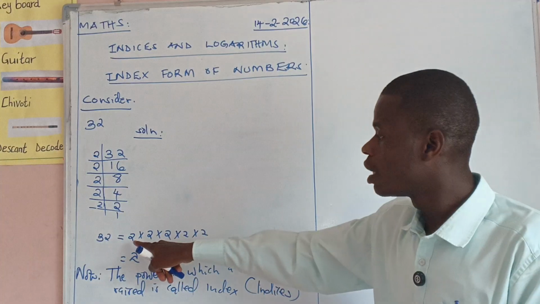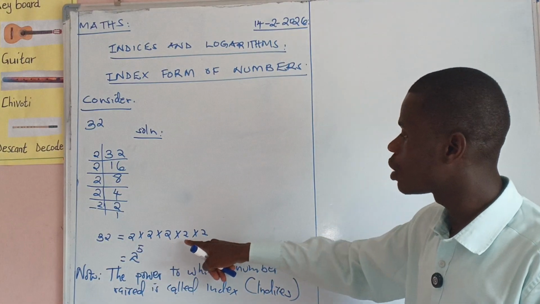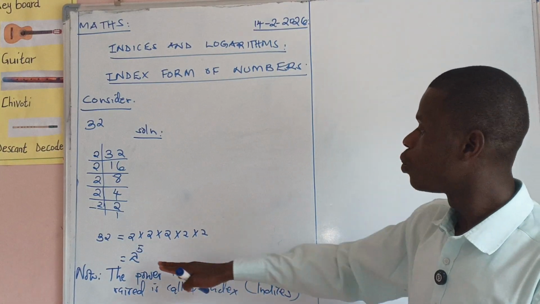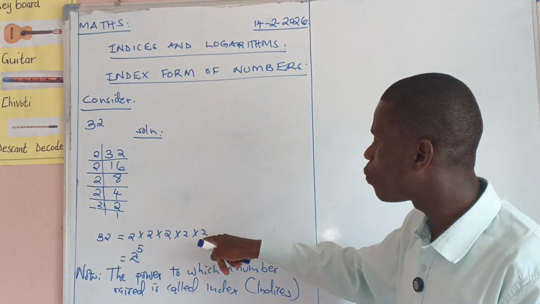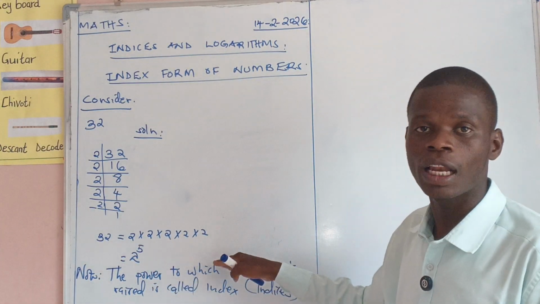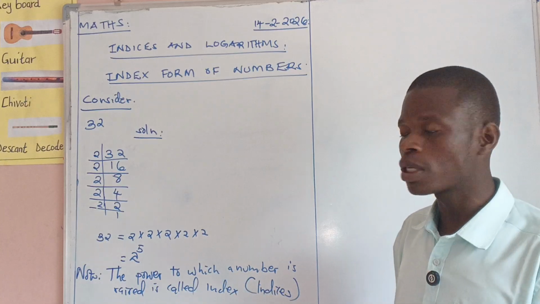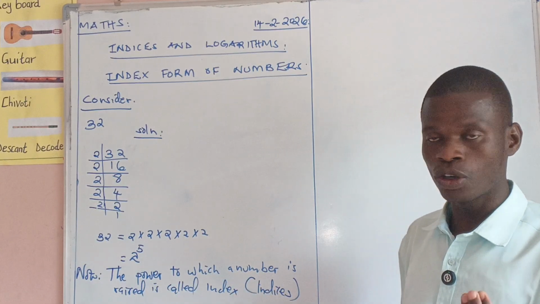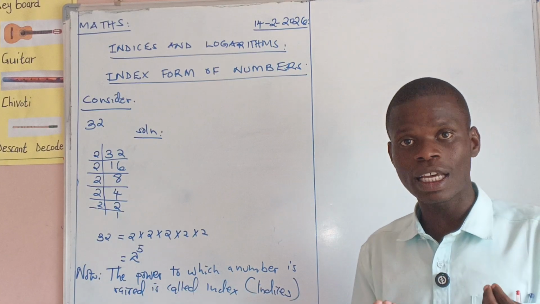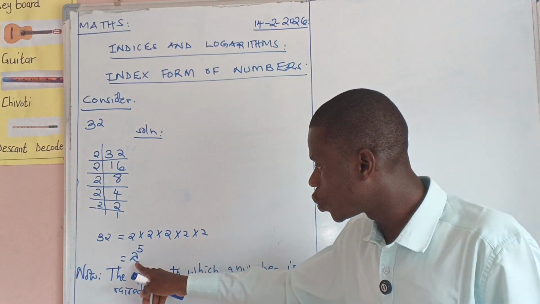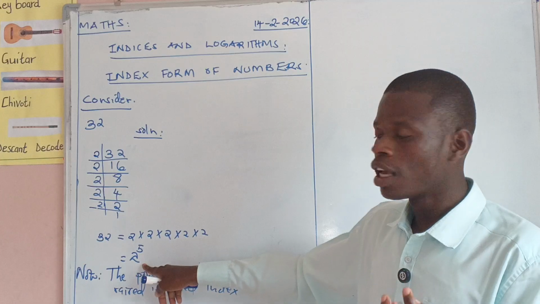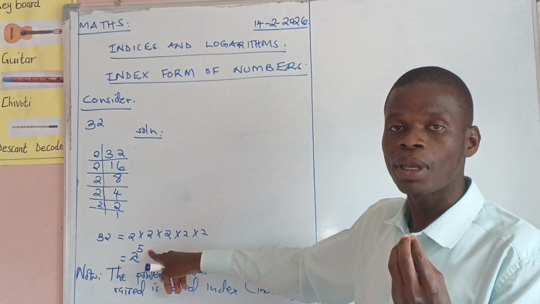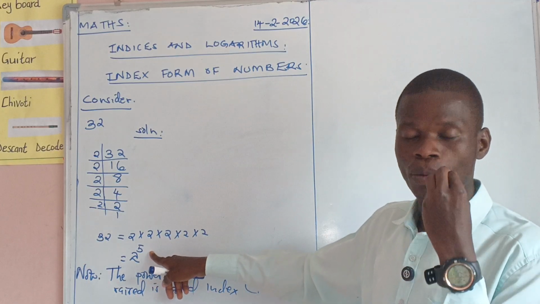32 is written as 2 times 2 times 2 times 2 times 2, and we are tired of this repetition. 1, 2, 3, 4, 5. Why should we repeat ourselves if we know we are multiplying 2 by itself 5 times? Instead of repeating ourselves, we just write 2 and the number of times it is multiplied. So 2 forms the base and the number of times it is multiplied forms the power.